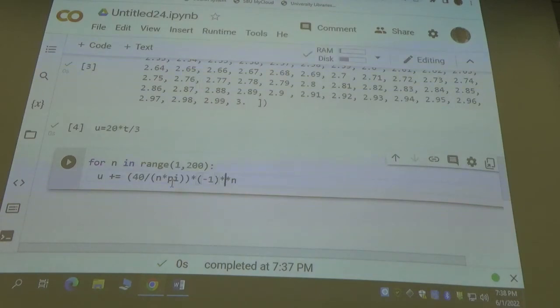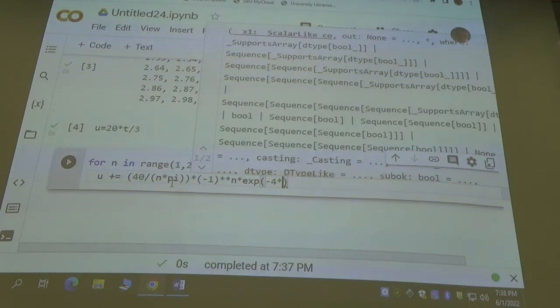In Python, you have to use two stars to take the nth power, and then times the exponential function of negative 4 times n squared times pi squared divided by 9, times t divided by 9.